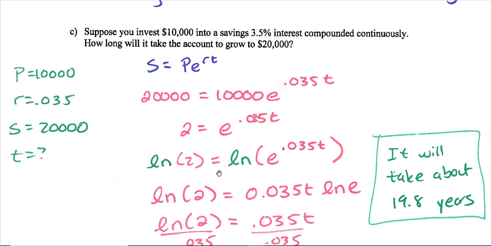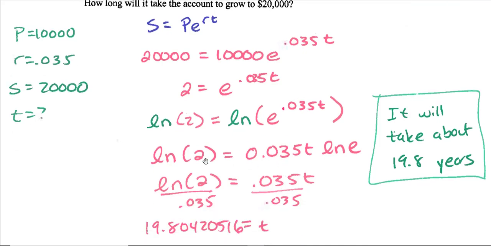So I took the natural log of 2 and the natural log of e to the 0.035T. Now look at the property of logarithms here. What you're taking the logarithm of is being raised to a power, so you can bring that power out front. So we have the natural log of 2 equals 0.035T times the natural log of e.